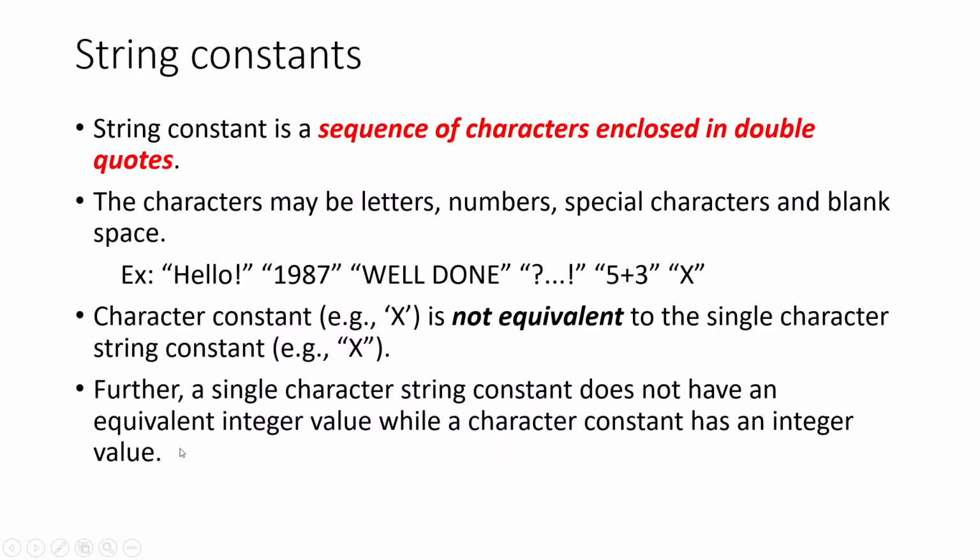That is clear from the last example. If you give the ASCII value and print percentage c, the corresponding character will get printed. But in the case of a string, it is taken as such. So the ASCII value will not be taken as equivalent to a string constant. Okay, so a string constant does not have an equivalent integer value.